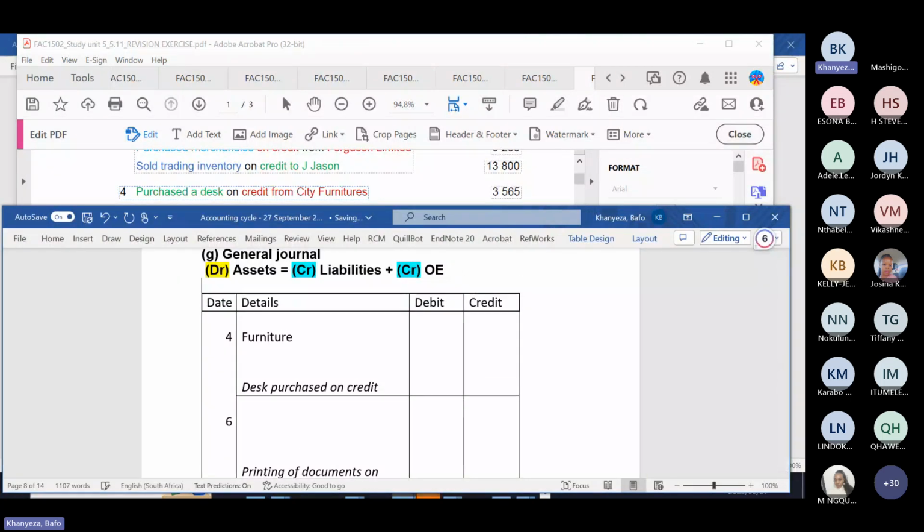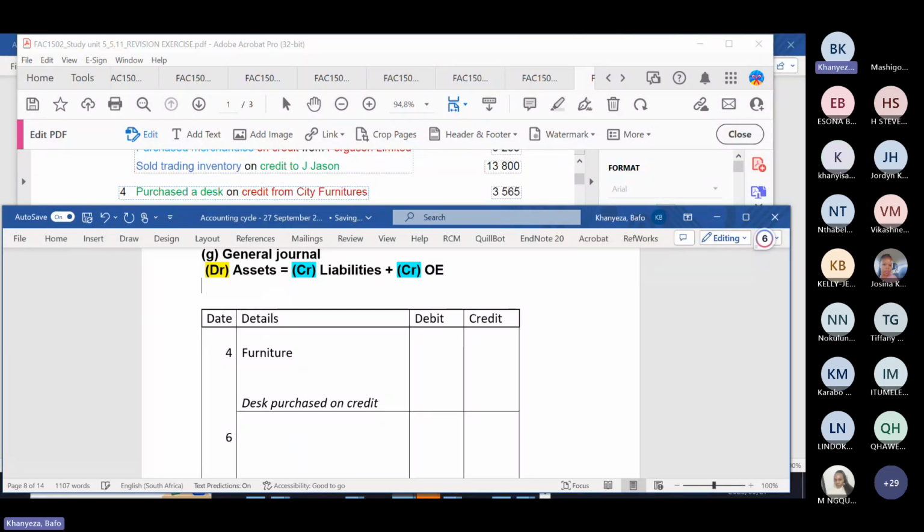We also have to split the VAT here. How much was this for? It was 3,565. So 3,565 times 15 over 115 means our VAT was 465.